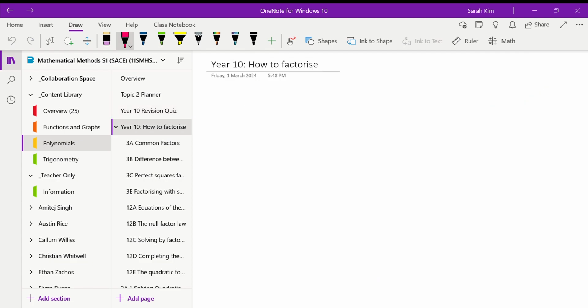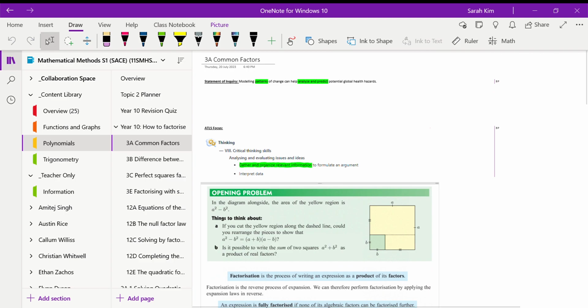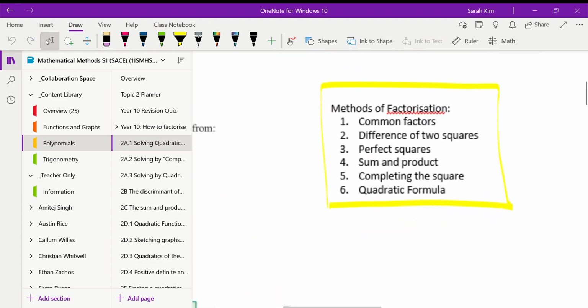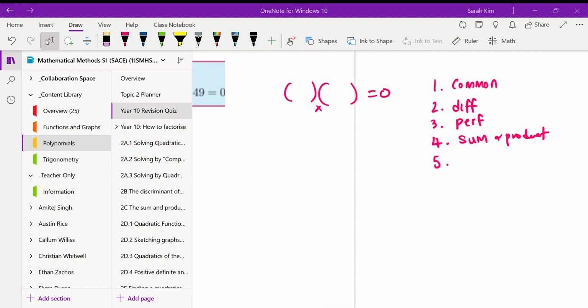Why am I having a mental blank? I did write it here somewhere. Nope, not this one. Completing the square. I'm doing this after athletics day, so it's a bit exhausting.